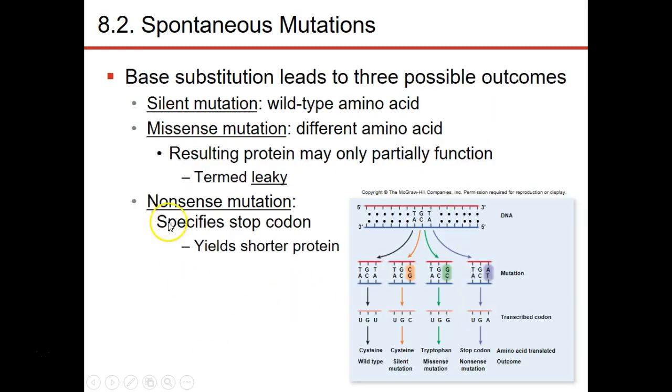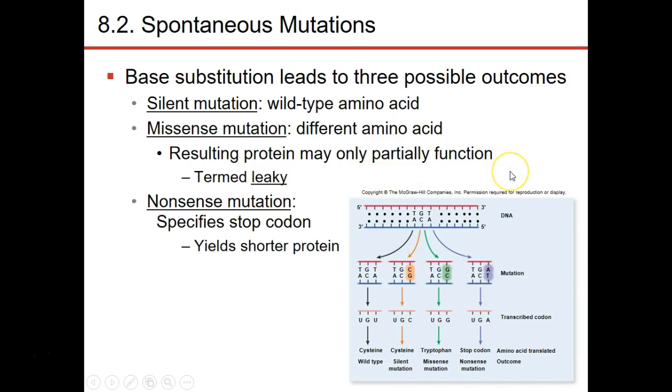And so base substitutions can cause a silent mutation where you produce the exact same amino acid. Since we have multiple codons that code for the same amino acid, it is actually very common to have the silent mutation, and it decreases mutation rates. A missense mutation is where, instead of the wild-type amino acid, you now produce a new amino acid in its place.